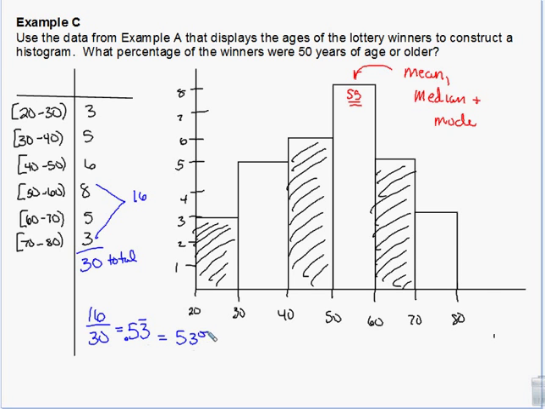So 53% of our data is age 50 or older. Now when we look at that, 53% of our data is age 50 or older. 55 is a really accurate choice for the mean and the median and the mode, the middle of the data. So does that make sense?